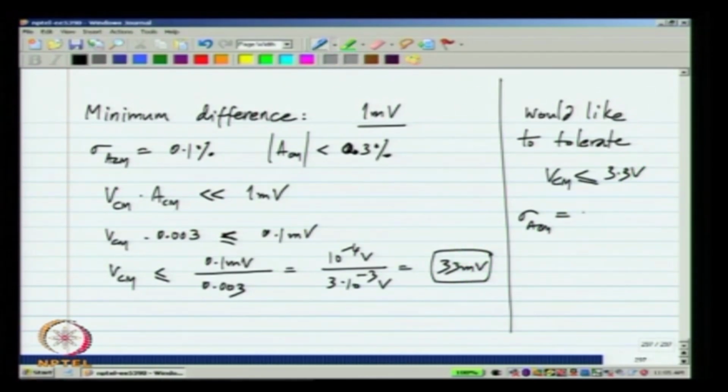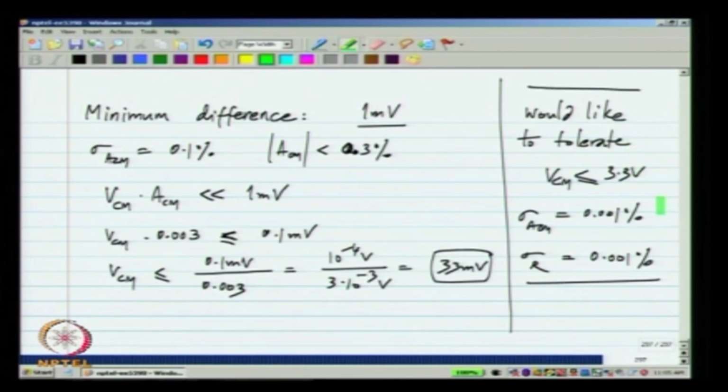So, the sigma ACM has to be 0.001% or similar, because the sigma of the common mode gain is the same as the resistor mismatch, that has to be 0.001%. So, if you have to be able to tolerate a very large common mode voltage, you have to use very precisely matched resistors.